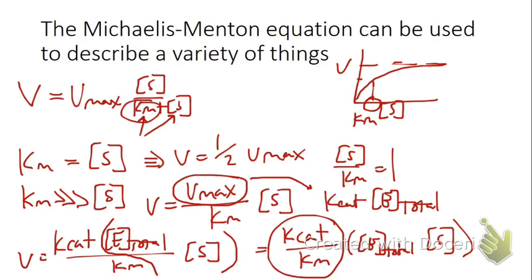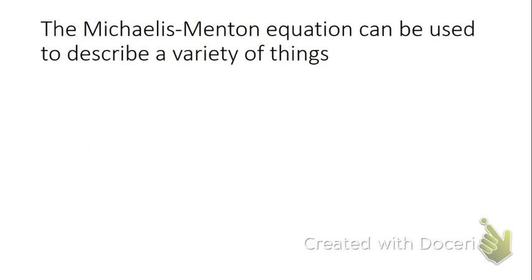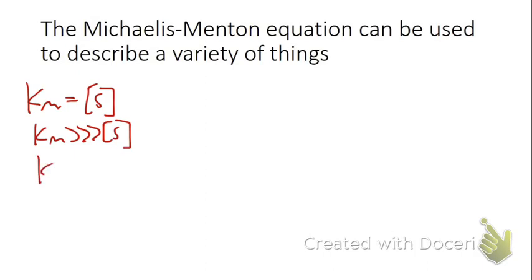One last thing we talked about: we looked at when Km is equal to S, and when Km is much greater than S. Now what happens when Km is much less than the concentration of S?